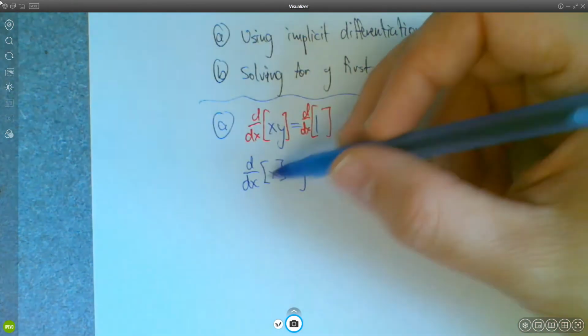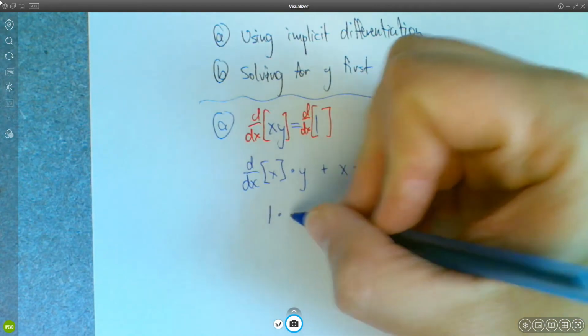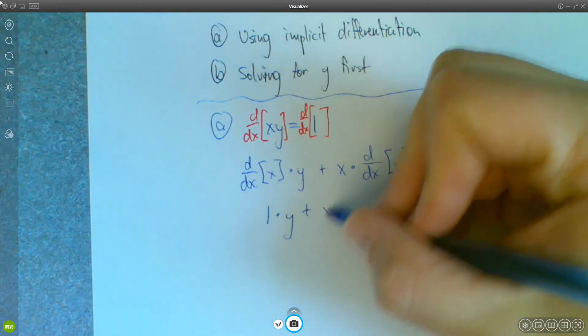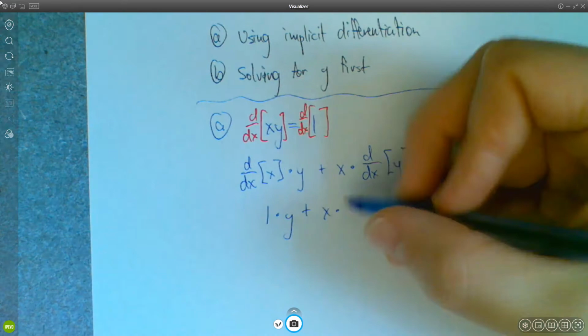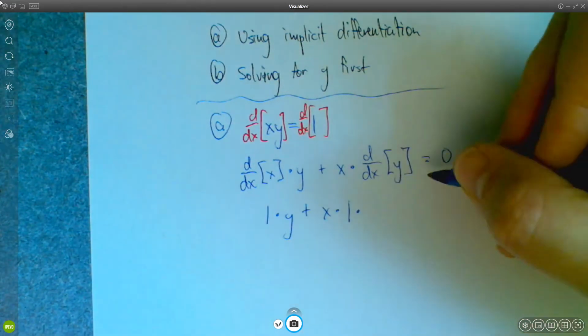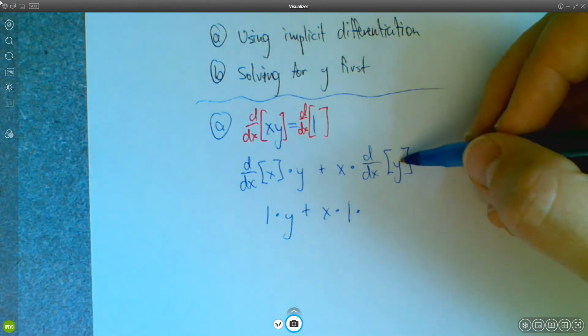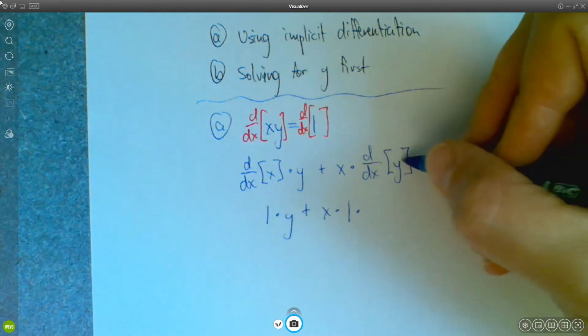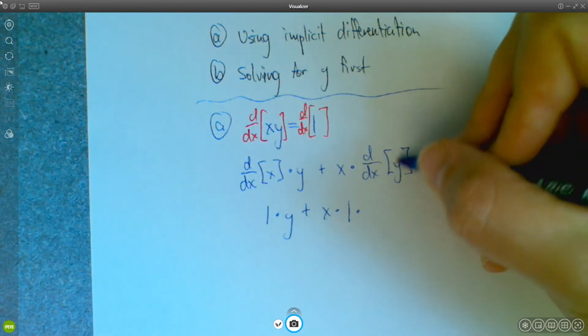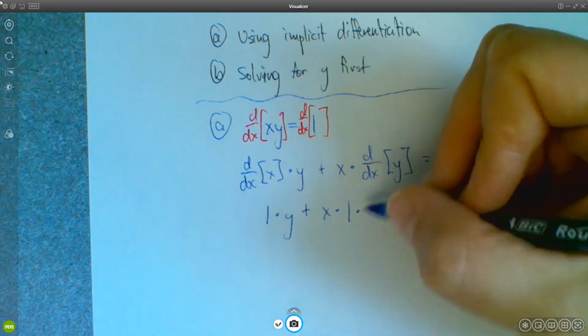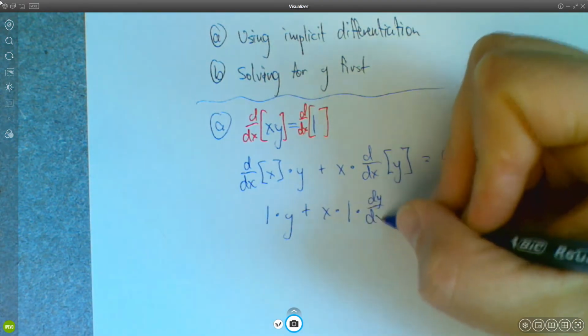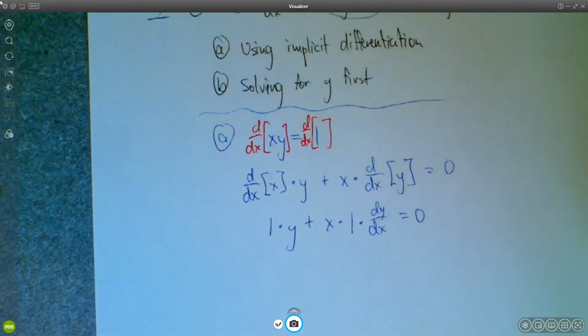So let's see, the derivative of x is just 1. The derivative of y is also 1, but we have to use the chain rule, so it's 1 times whatever the derivative of this function in x is, which we usually call dy dx. And there you go, we've found dy dx.